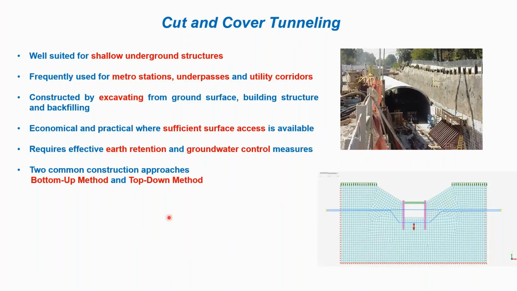This is the modeling approach in GTS NX, where we do the excavation and then model the different parts of the tunnel, like the base slab, walls, and roof, and then assign the suitable water table conditions and loading conditions.